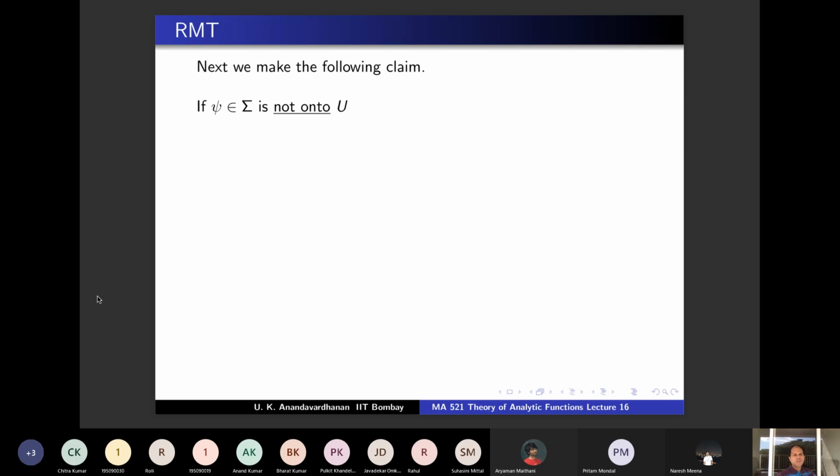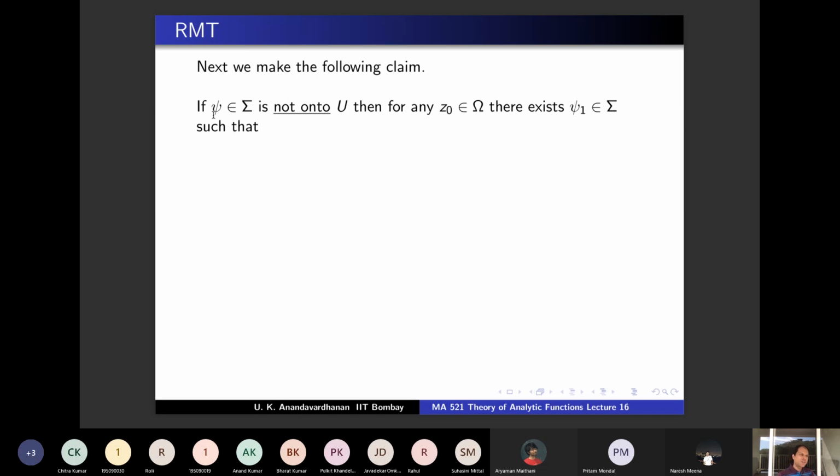Let's make the following claim. If psi is a function which is not onto u, then we isolate a property. For any z0 in omega, whatever point you pick, we are going to exhibit a function psi1 in sigma. So you are taking a function psi, and suppose it is onto, then you are done. You want to show that there is an onto function.